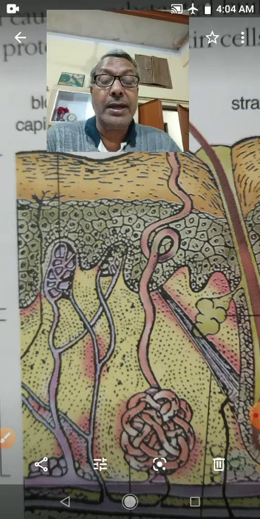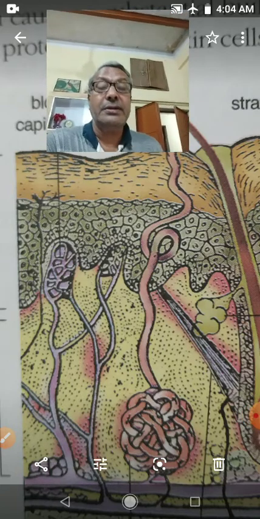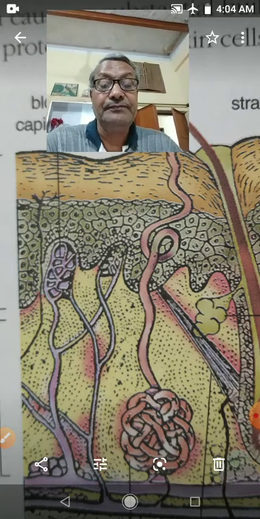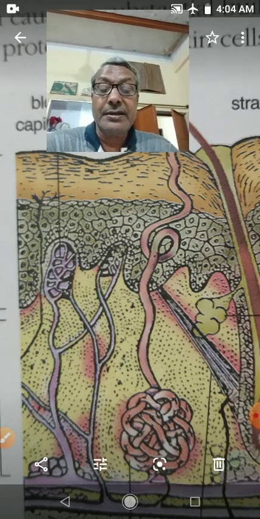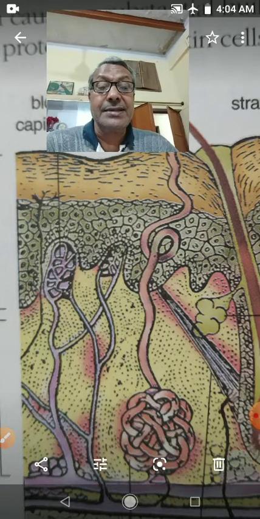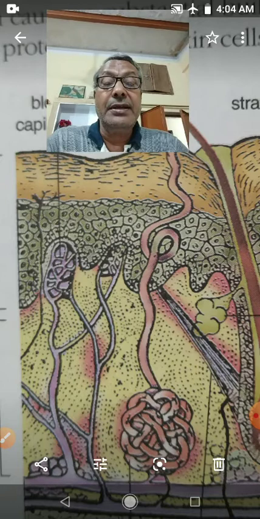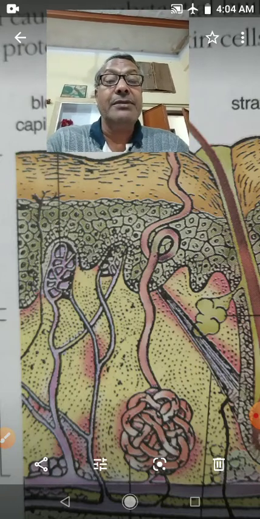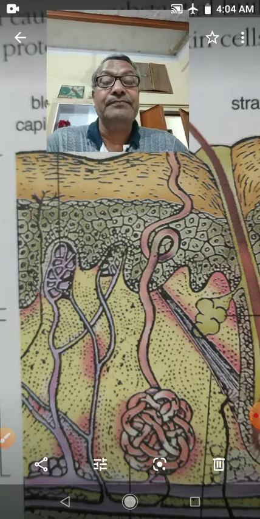Children, today I am going to explain to you about the structure of skin. You studied that skin is the largest organ of our body. Skin and its derivatives together form the integumentary system.